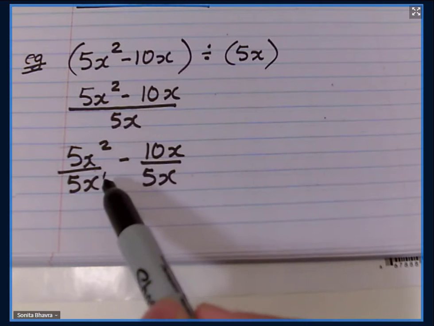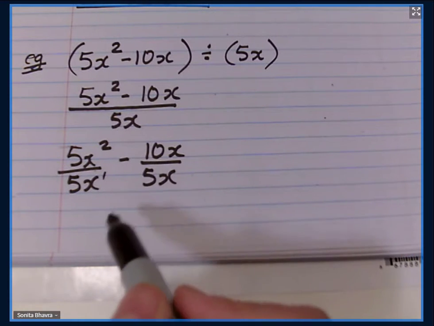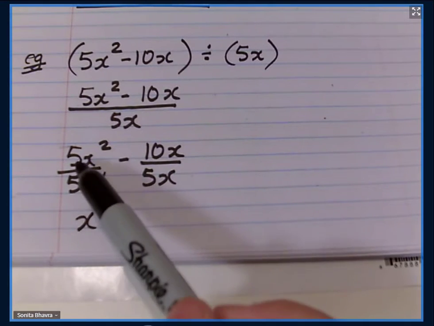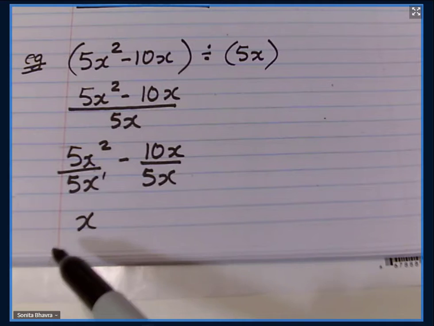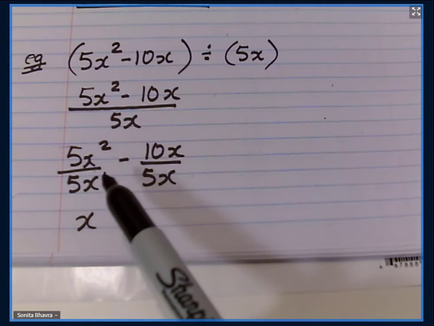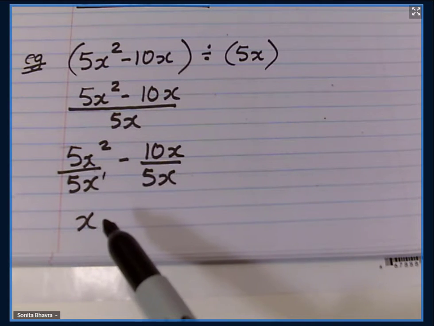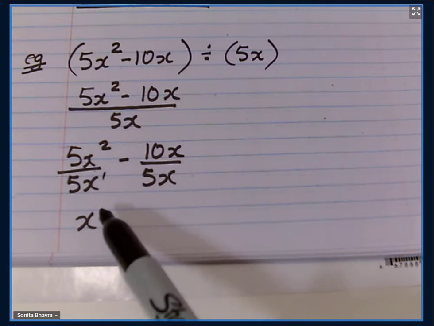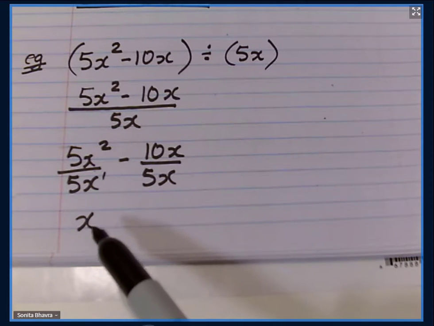So 2 minus 1 is 1, so we just end up with x. Again, 5 divided by 5 is just 1, and x squared divided by x is x to the power of 1 because we subtracted our exponents. Just writing x means there's one x, so that's why we don't show that exponent.